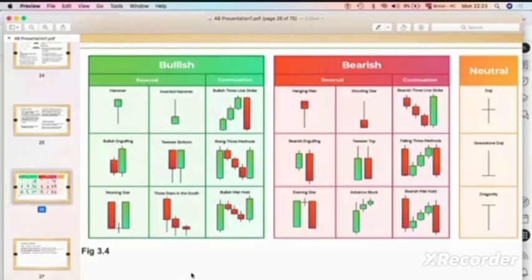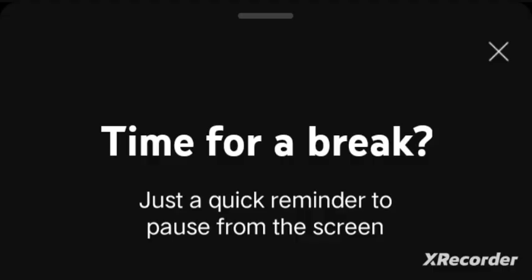Once you understand the basics of candlesticks, and he has tried for us, he even let us know the ones that are very vital, those that make reversals for us. He told us where we can spot those candlesticks and where they are very effective for either continuation or reversal. So please, if anybody does not understand, you can ask questions.